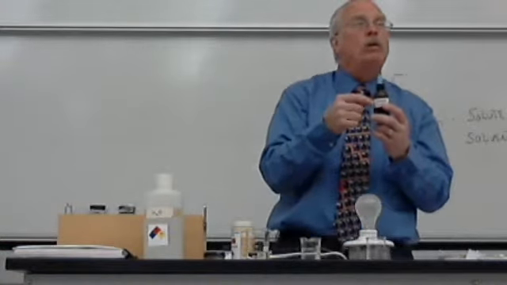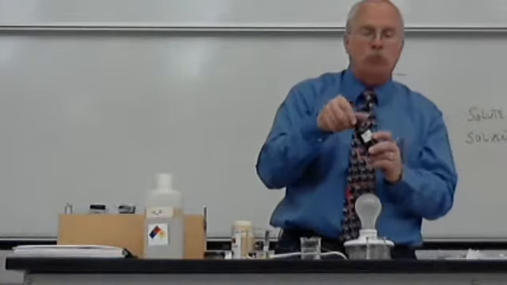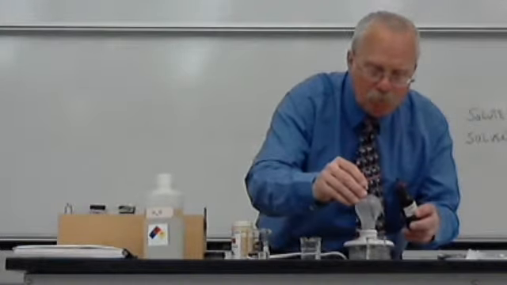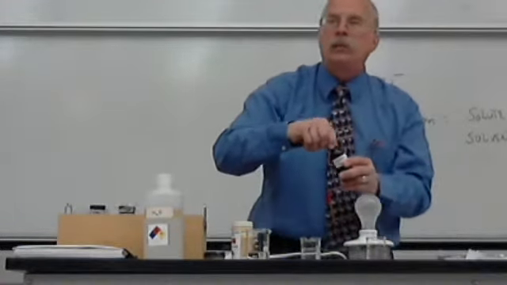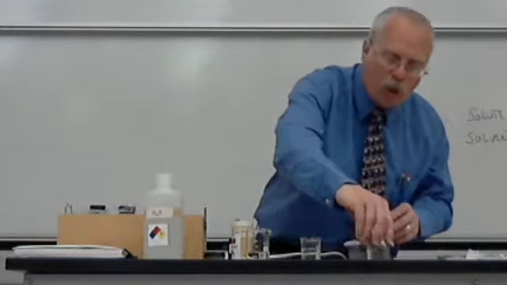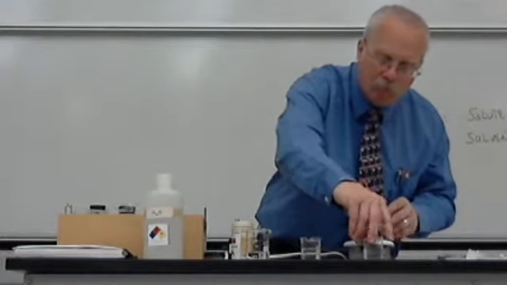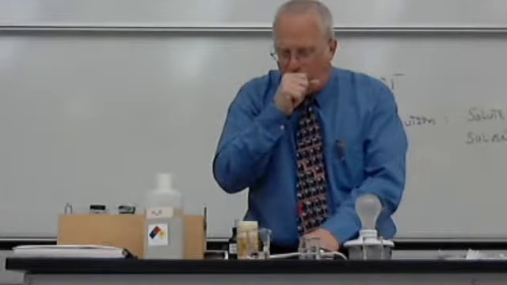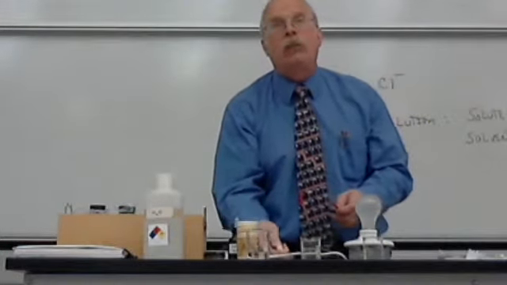But I'm not going to use the 18 molar sulfuric acid. What I'm going to do is to place just one drop of the sulfuric acid into a beaker of water. Now remember, this was the concentrated solution of ammonia. Very poor lighting of the light bulb.